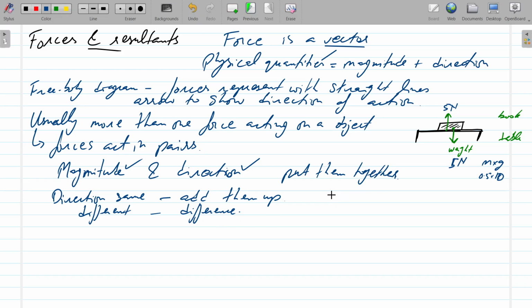So in this case, you've got 5 newtons acting in one direction and 5 newtons acting in another direction, and what you have is 0. What you get after either adding them up or taking the difference between them is called the resultant. And in case the value is 0, we say that there is no resultant.